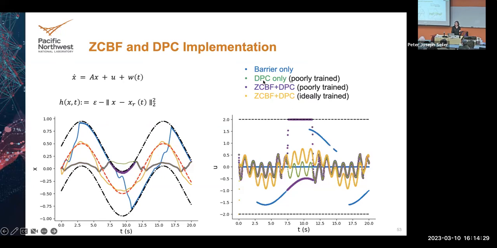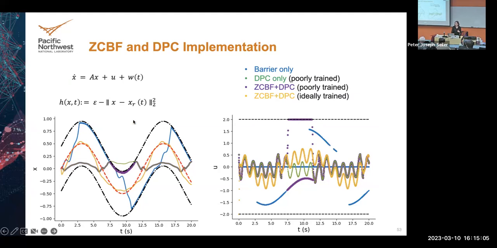If you do DPC only and you don't consider the control barrier approach, DPC, if it's poorly trained, might come out of that set. And if DPC is poorly trained, but you incorporate the control barrier function approach to the training, you end up with good trajectories that when they step outside, they get pulled back inside the safe set.